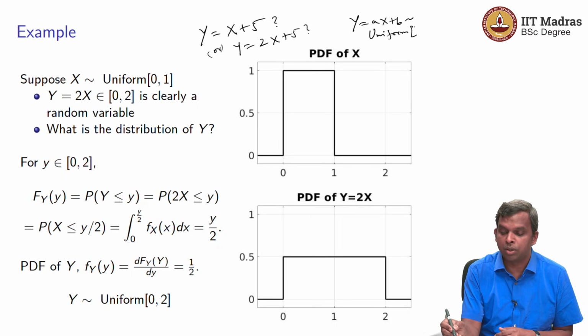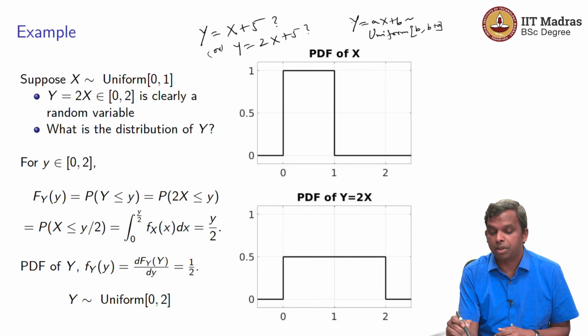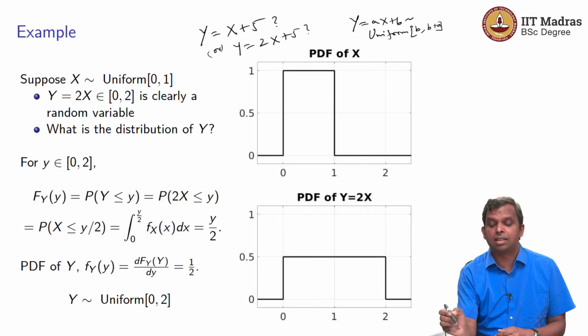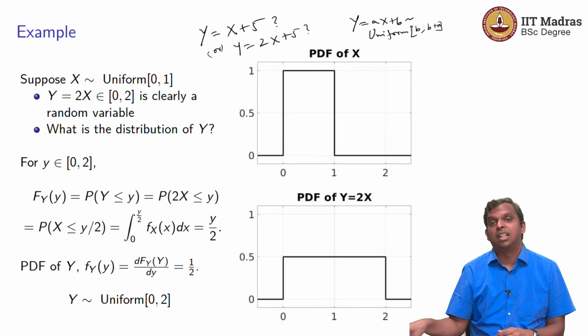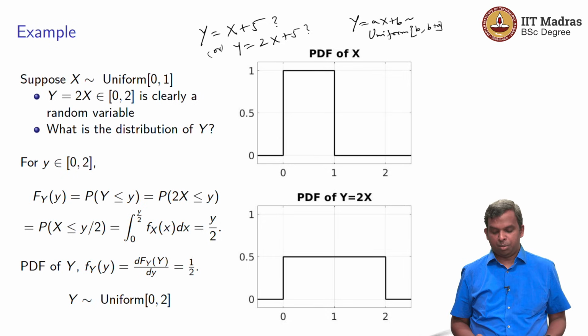From 0 to 1 it's going to be b to b plus a, assuming a and b are positive, for instance, so that you don't get into trouble here. So Y is going to be uniform here. This is a general result you can have for uniform distributions.